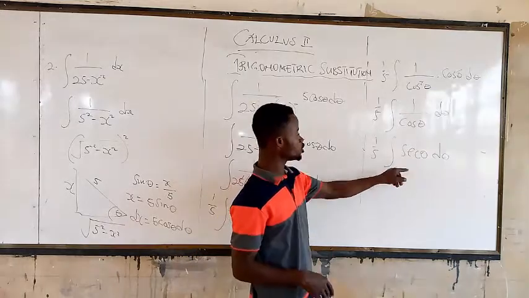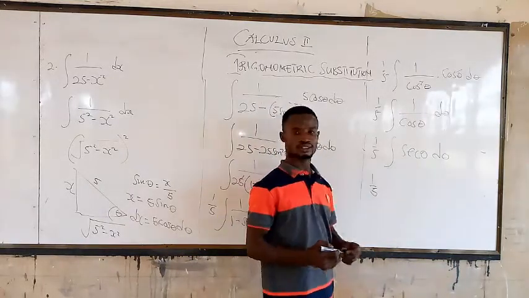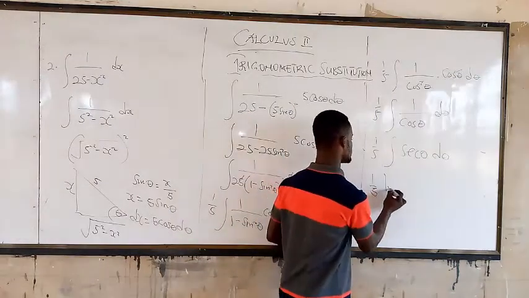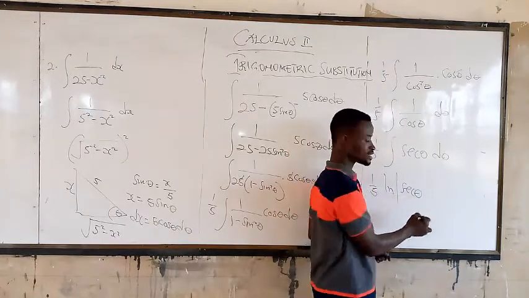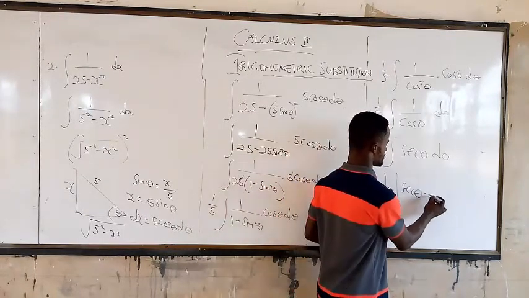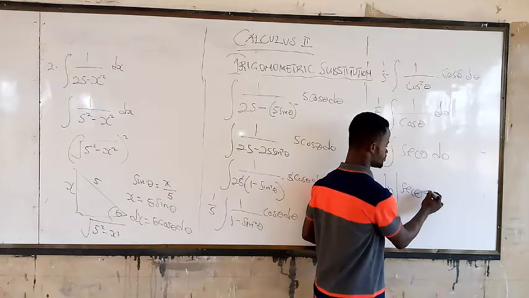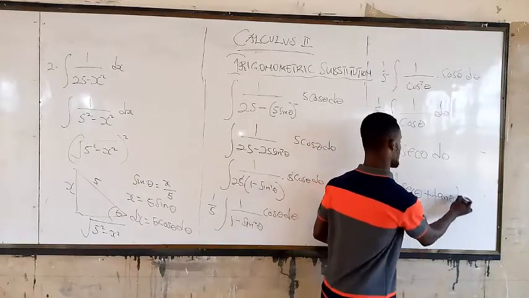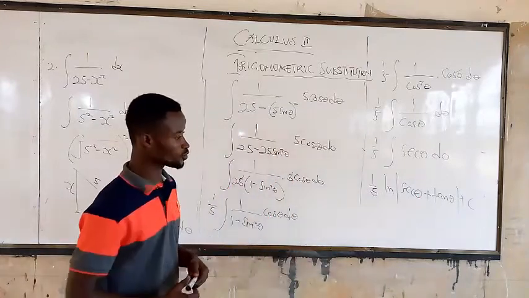But when you integrate sec theta, you are going to get ln sec theta plus tan theta plus c. So this is what is going to give you.